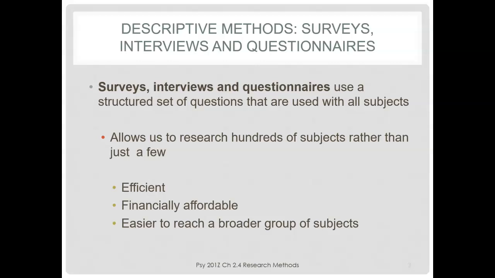But, not an easy job. However, there's no other way that we could reach 3,000 Americans throughout the country to give us a broad demographics if we tried a different type of methodology. We had to use surveys, interviews, and questionnaires. It just is a lot easier to research a large number of subjects.